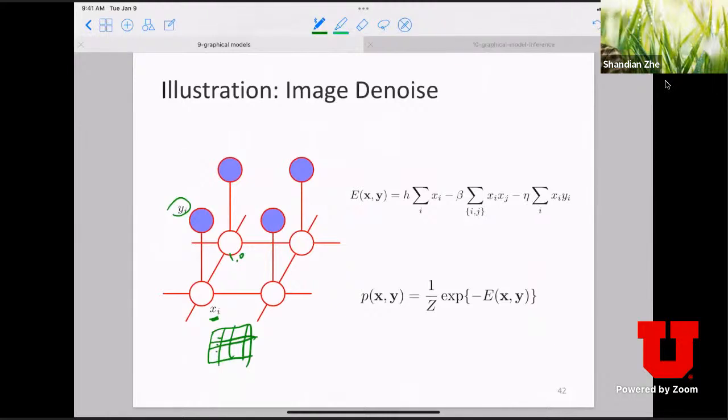Then, based on this graphic structure, we can define our potential function. Remember, each maximum clique right now is just every pair of pixels.